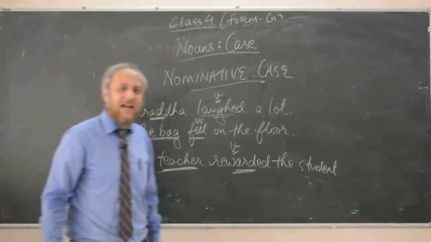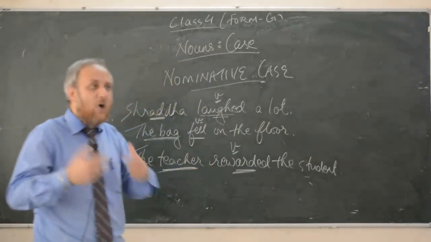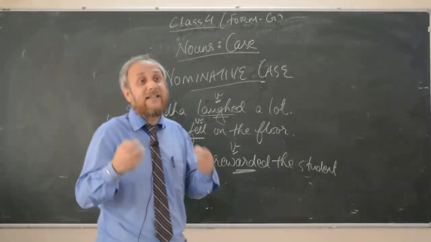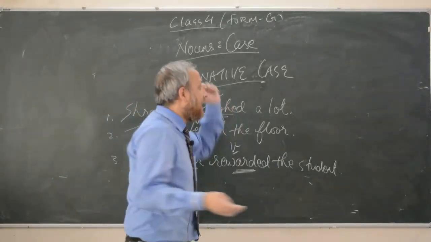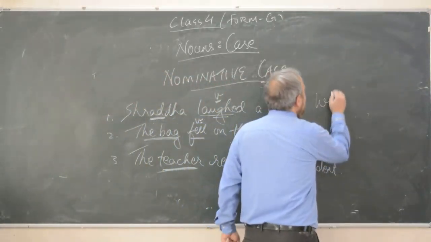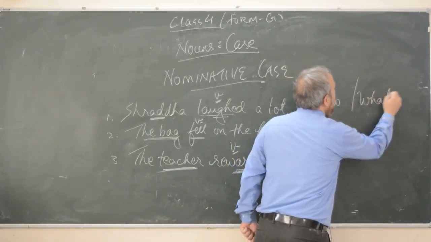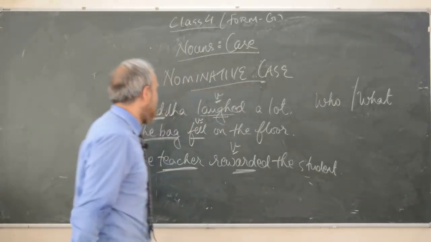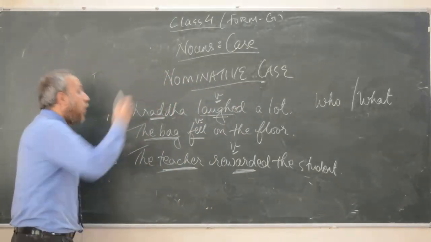So if you want to figure out whether the noun is in the nominative case or in what position it is, you just have to ask the question who or what before the verb. So who laughed? Shraddha laughed. What fell?